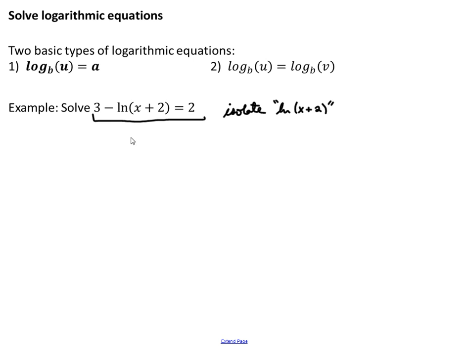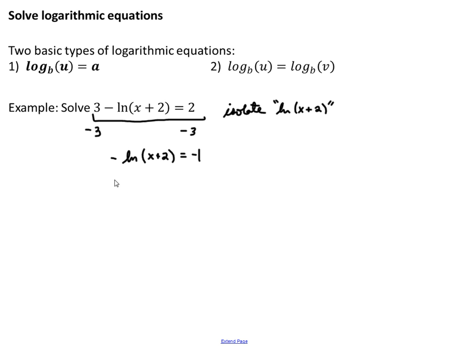Well, to do that, I'm going to have to gather some terms together. So maybe if I subtract 3 from both sides of my equation, I get the negative of the natural logarithm of the quantity x plus 2 is equal to negative 1.